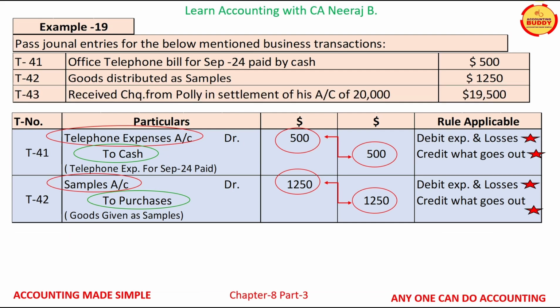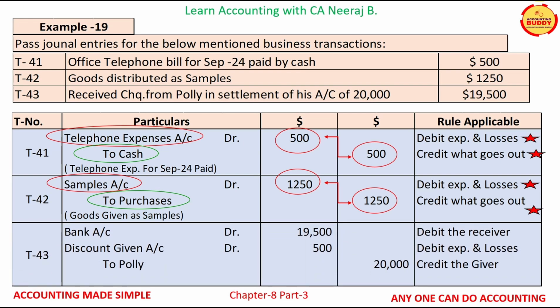Transaction T43 is a check of $19,500 is received from Polly to settle his outstanding amount of $20,000. The accounts which are getting affected by this transaction are bank account, discount given account, and Polly's account. Bank is a personal account, and the personal account rule is debit the receiver.